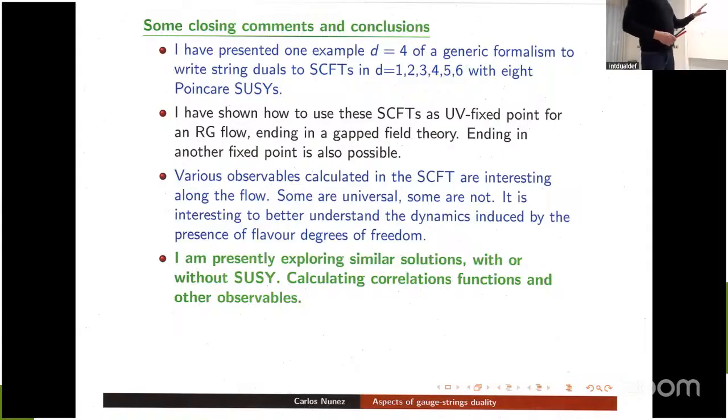Yes. In these particular systems that I showed you, you start with a 4D CFT with 8 supercharges, and you end with a 3D quantum field theory with 4 supercharges. So this is what you may call an N=2 system.